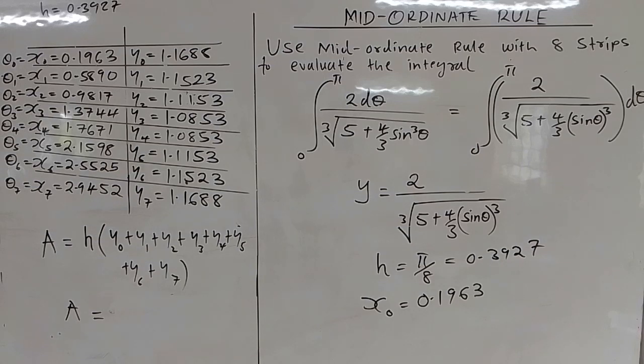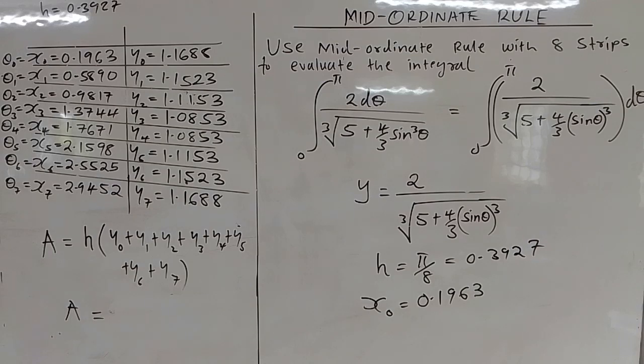The first Y value is 1.1688 plus Y1 is 1.1523, Y2 is 1.1153, Y3 is 1.0853 plus Y4 is 1.0853 plus Y5 is 1.1153 plus Y6 is 1.1523 plus Y7, the last one, 1.1688.